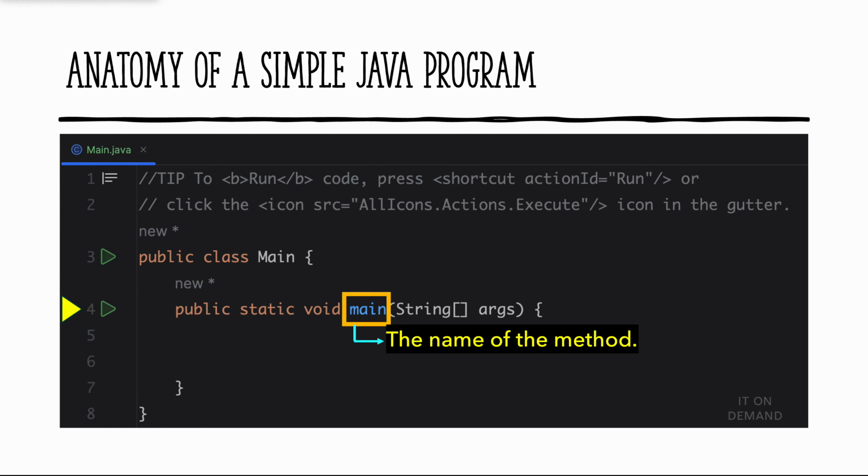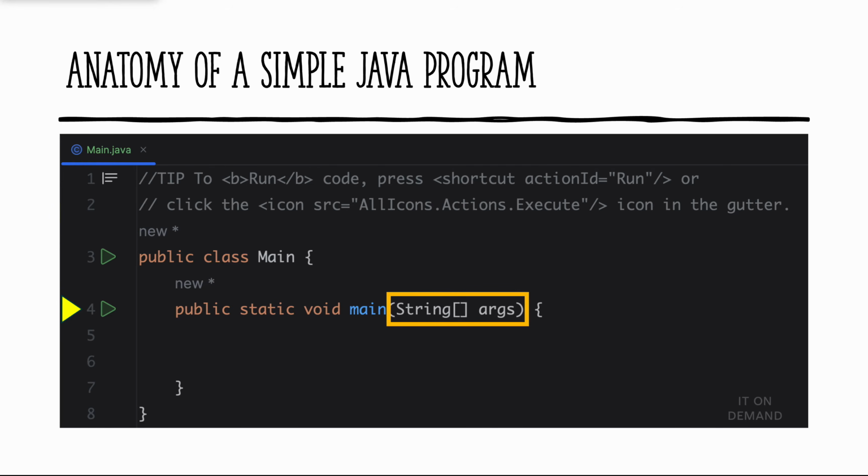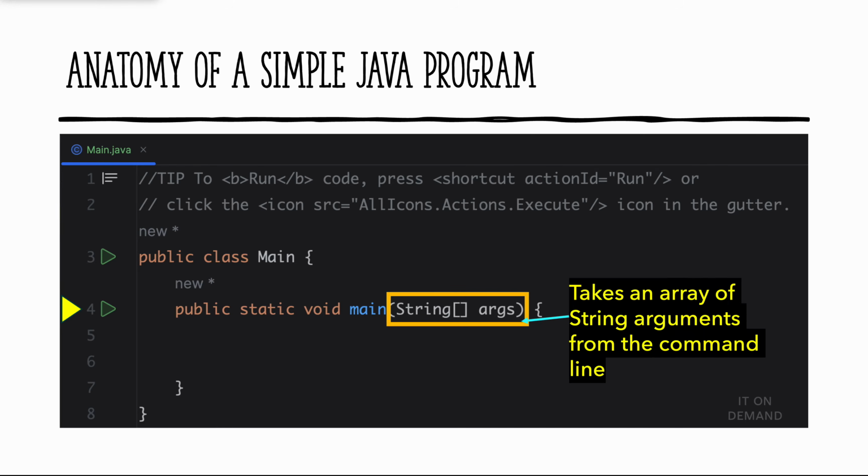And so when we have public static void main, Java knows to look at that block of code and to execute all that is in there once the run button is clicked. How about String, the square brackets and args? This just means that we're taking an array of string arguments from the command line.